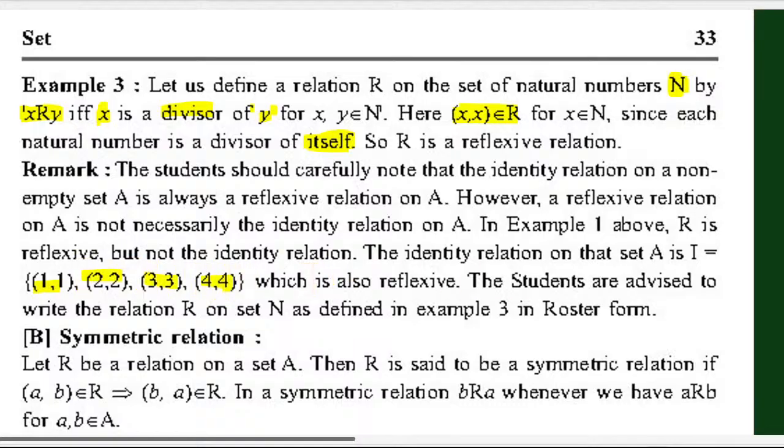This is an identity relation which is reflexive. Same thing here, and along with that we can also have (2,4). That means the main condition is that this (x, x) should belong to R.